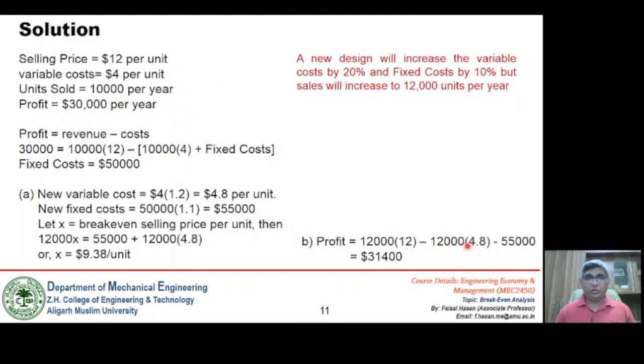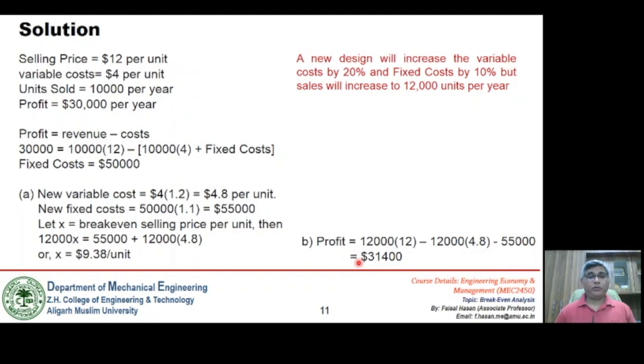Again there are two costs, the fixed cost and the variable cost. If we solve this, the profit comes out to be $31,400.